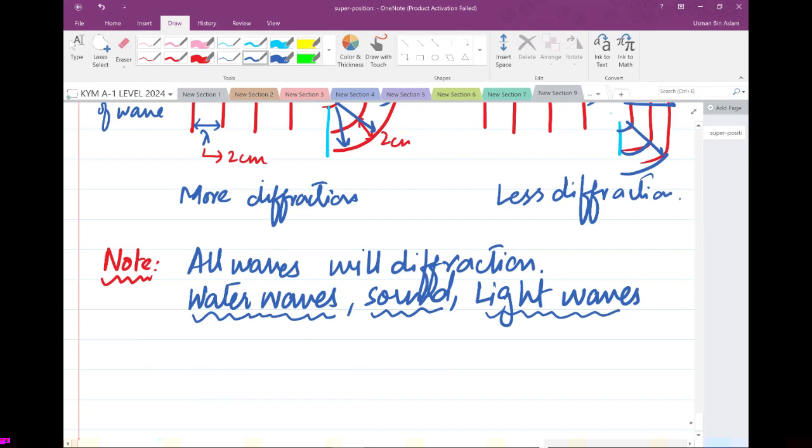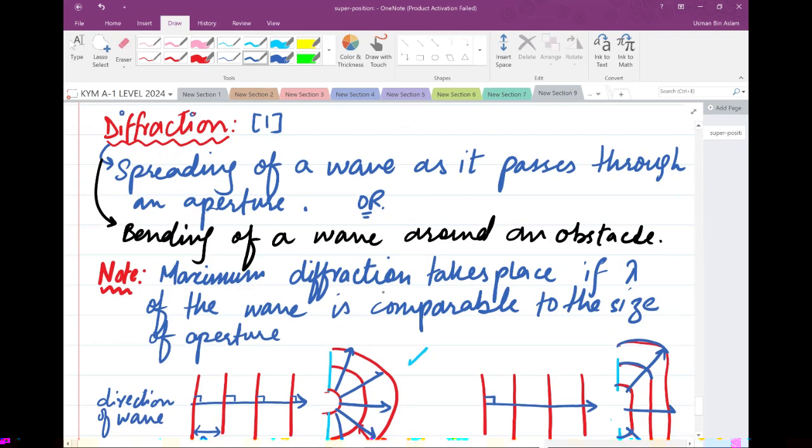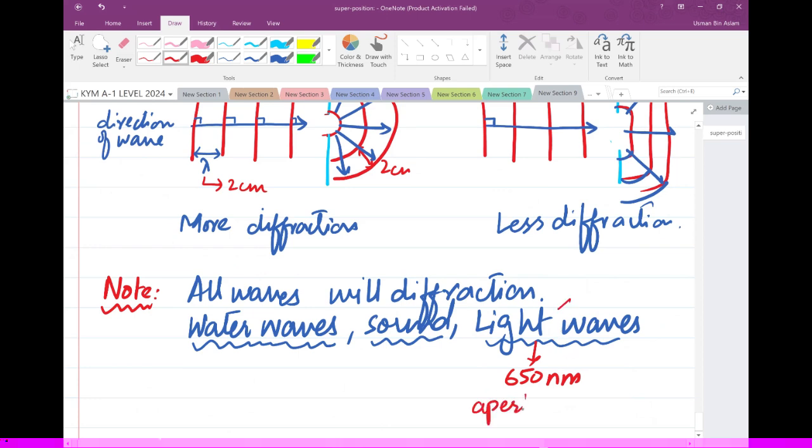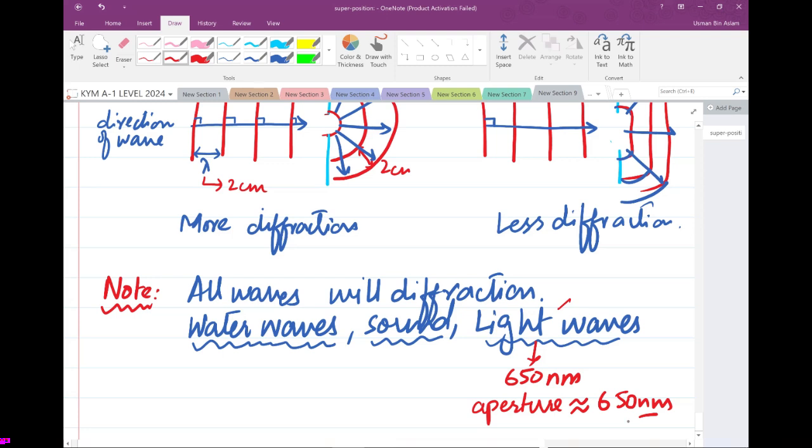But the only necessary condition is that the wavelength, lambda, has to be comparable to the size of the aperture. Just to give you a perspective, let's say the wavelength of light is 650 nanometers. If I want the light waves to show me diffraction, I need an aperture with a size almost equal to 650 nanometers.